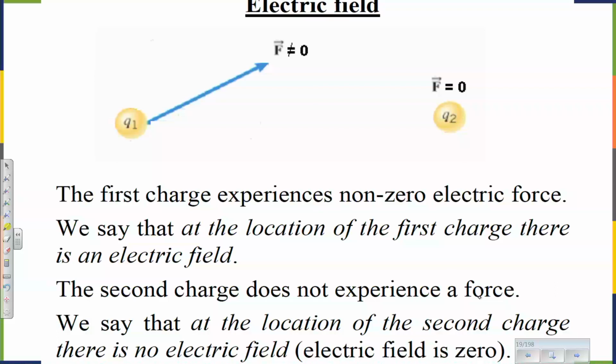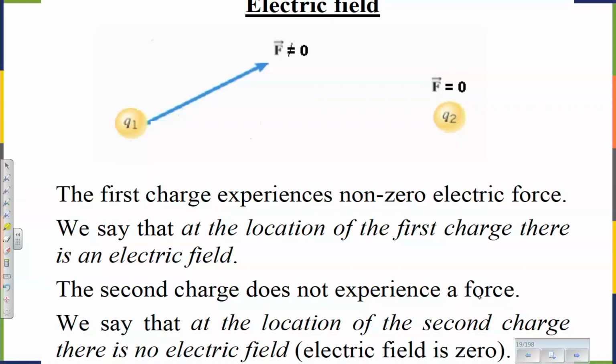How do we do that? Well, we know that if we take a ball attached to a string, charge the ball, if the string deflects, there's supposed to be a force acting on it. We have solved a problem about it.